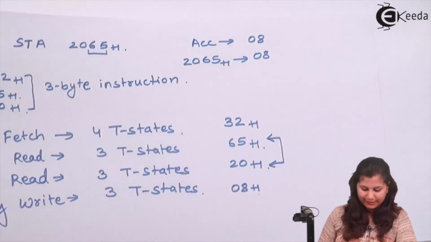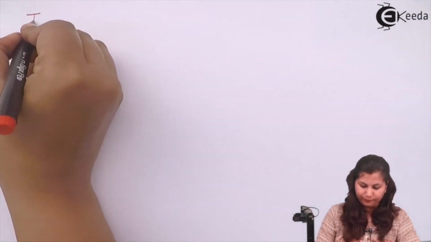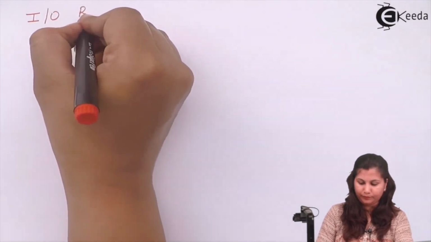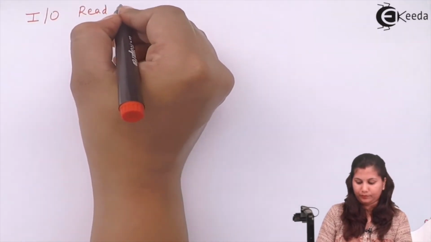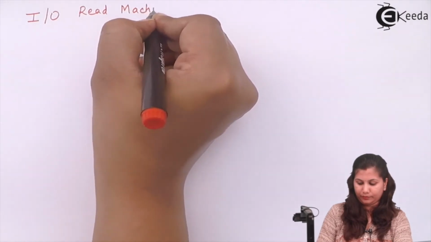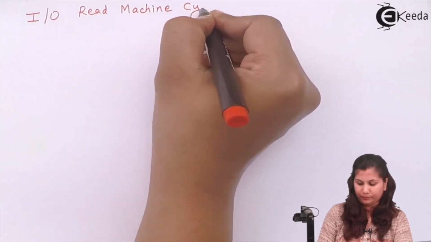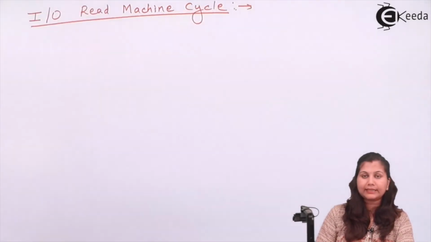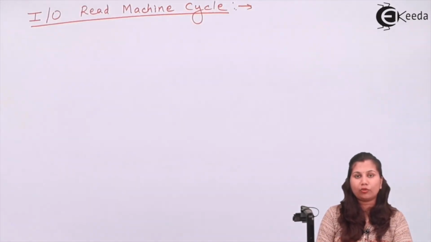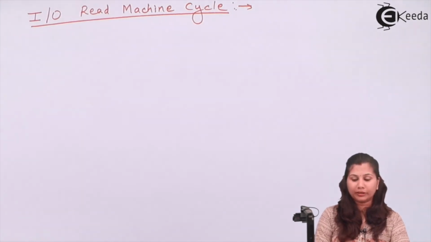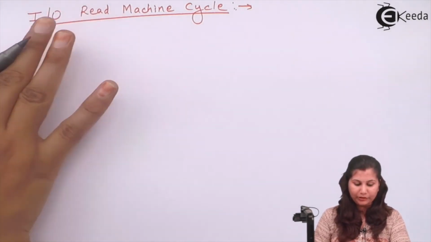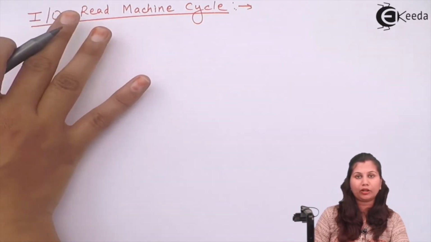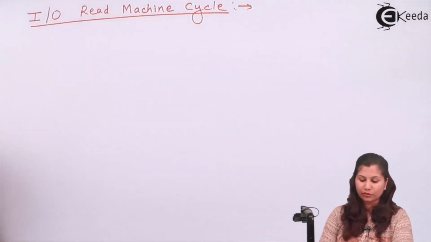Now the next machine cycle is the input output read machine cycle. Just like the memory read machine cycle, where the read operation was performed on the memory, here we have the read operation performed at the input output ports of the 8085.